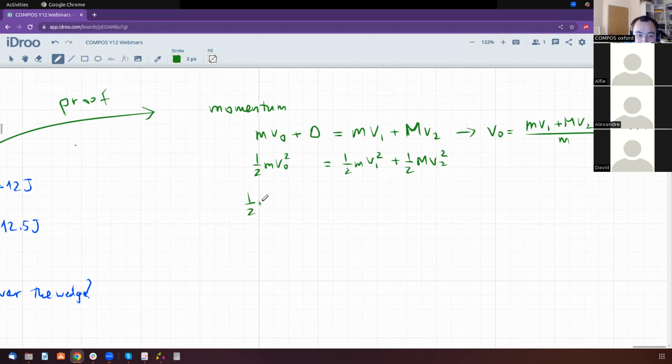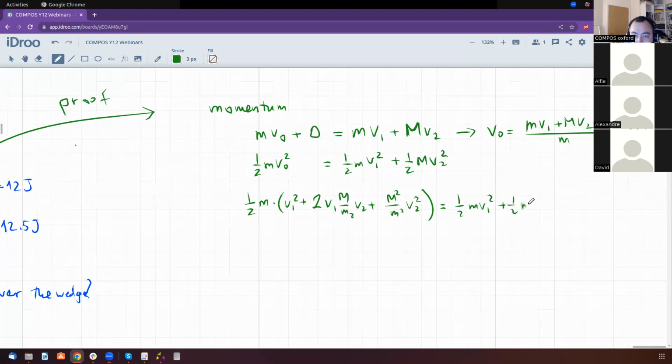So 1/2 m multiplied by v1 squared plus 2 v1 M over m v2 plus M squared over m squared v2 squared is equal to 1/2 mv1 squared plus 1/2 Mv2 squared.